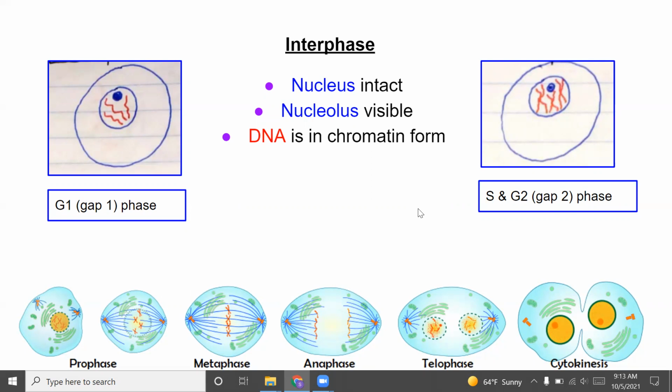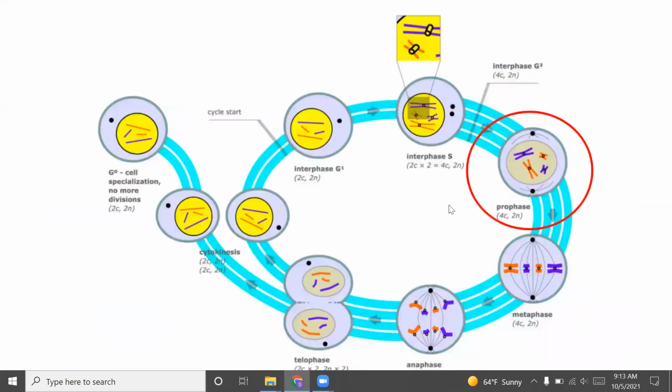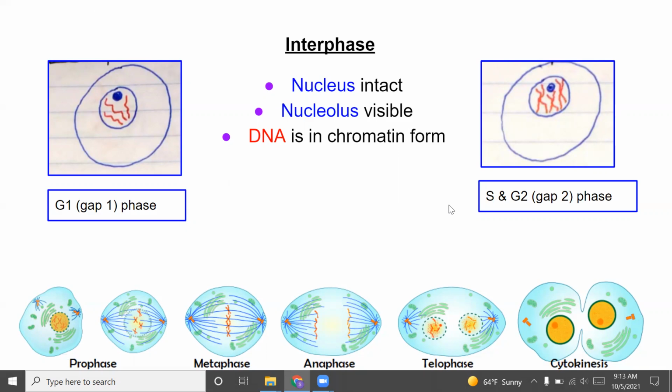The colors you will need today are blue, red, green, yellow. On the bottom of page 4, you're going to draw G1 and then the S and G2.